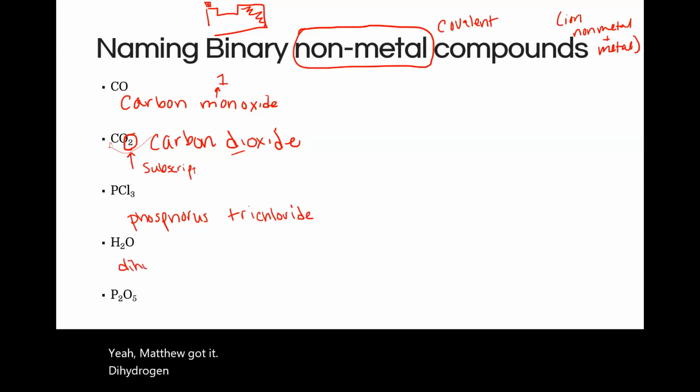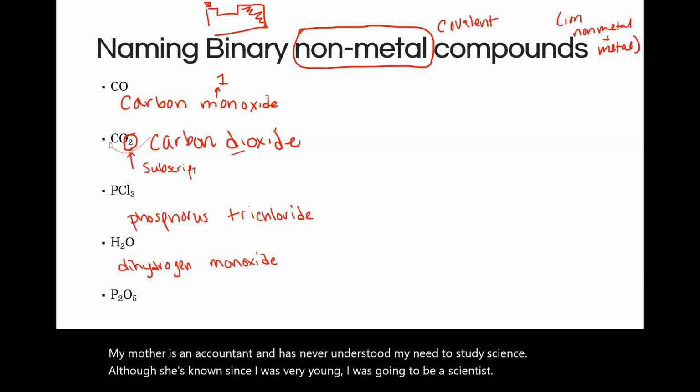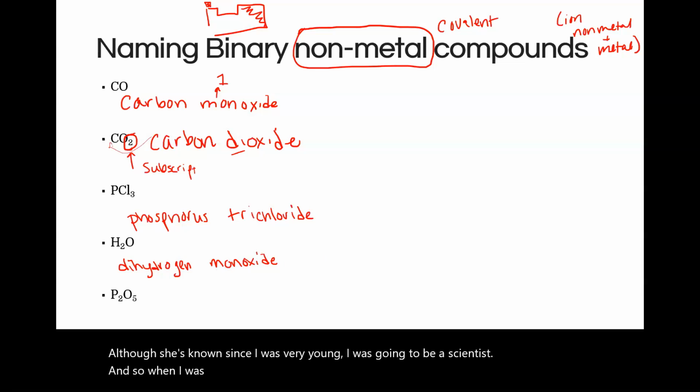That's the chemical name. So when I was in Gen Chem, my mother is an accountant and has never understood my need to study science, although she's known since I was very young I was going to be a scientist. And when I was in Gen Chem, we were talking about safety data sheets and how they convey all the hazards of any kind of material you would use in the lab.